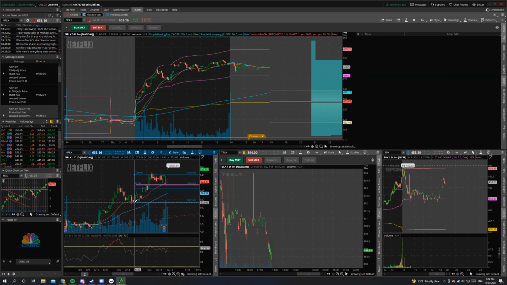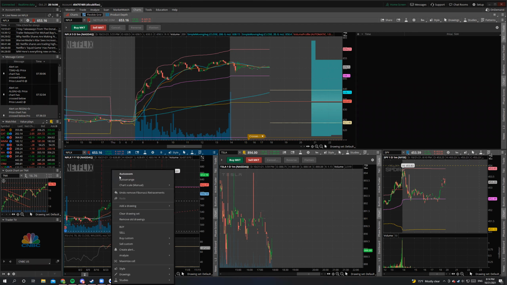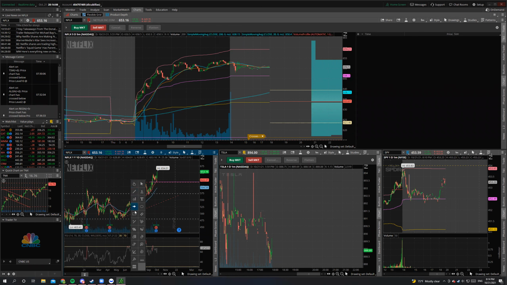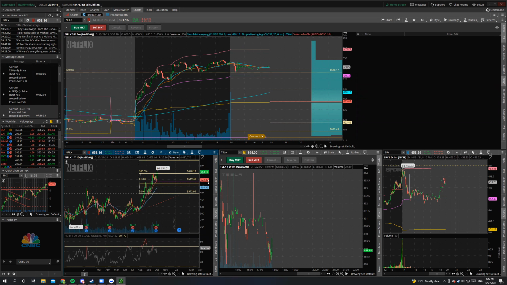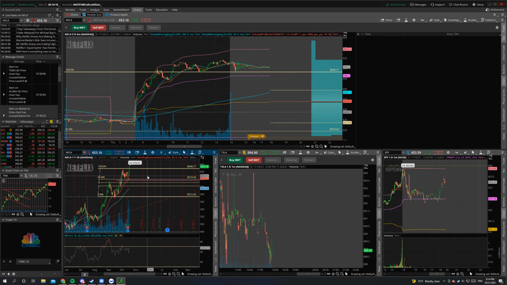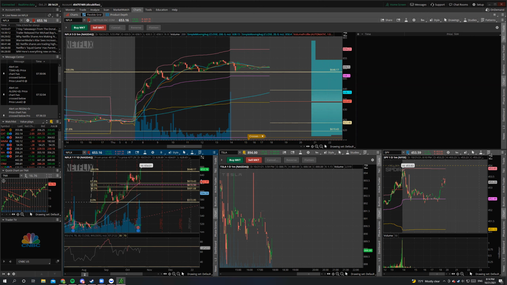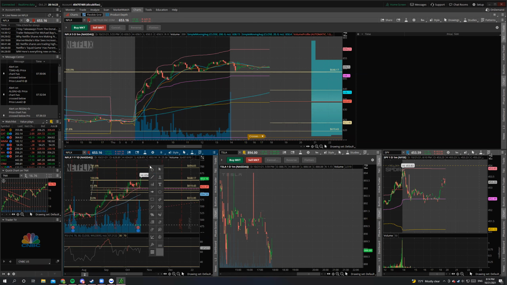Another thing I use Fibonacci for is when you're at all-time highs and you don't have levels on the upside to compare. Remember I told you to go left, but if you go left and there's no price action there because you're at all-time highs, I use a Fibonacci retracement to find the next 50 and 61.8 levels on the upside, because usually you're going to have retracements there.